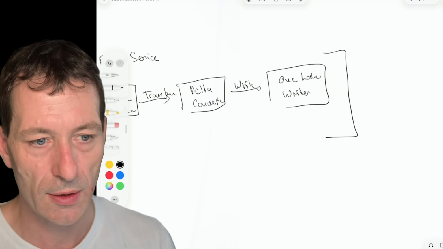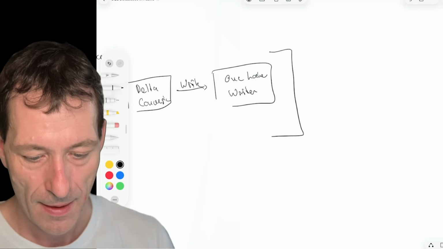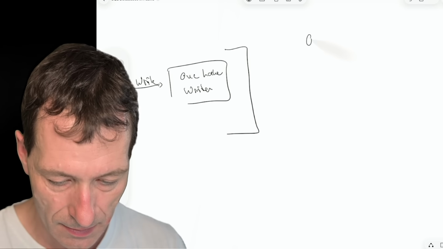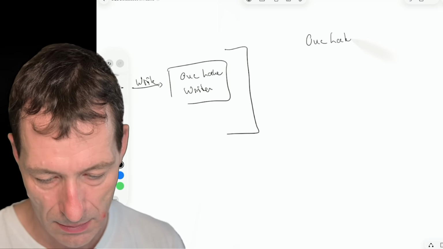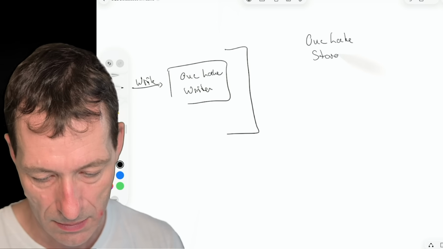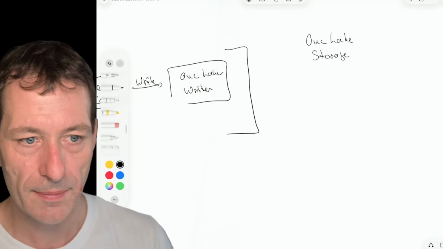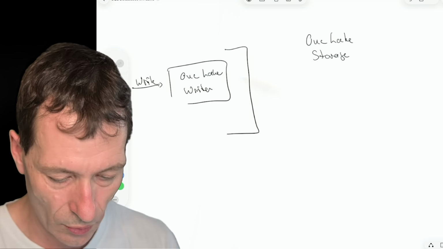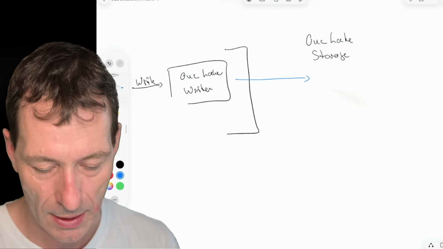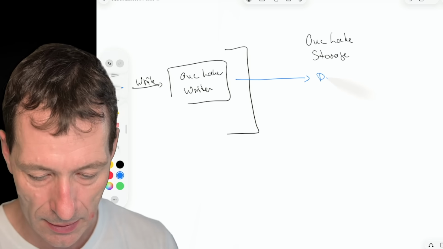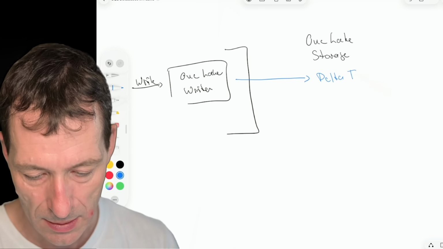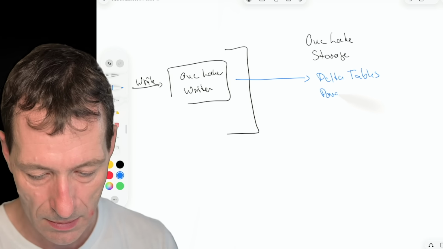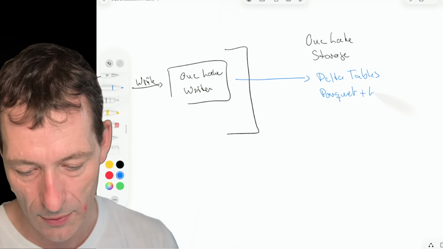And from there on, things are quite easy. You are now in OneLake storage. And you have two endpoints here. Let's draw it blue because we are finally in OneLake. The first one are the Delta tables, with Parquet and the log files.